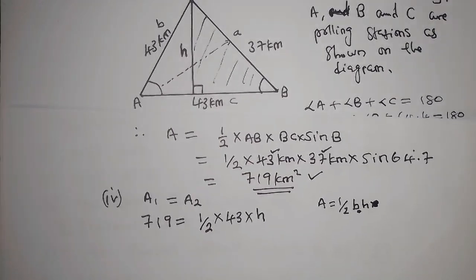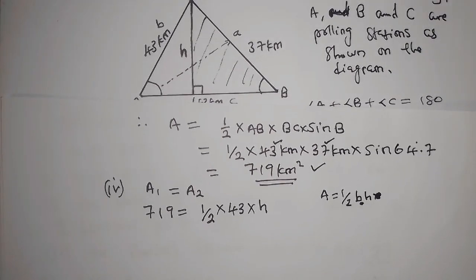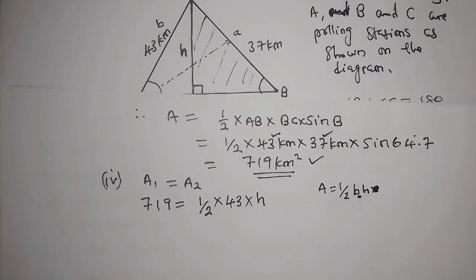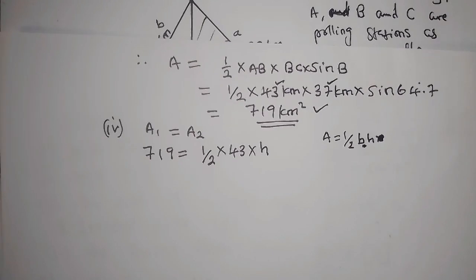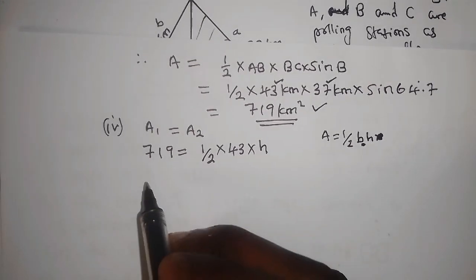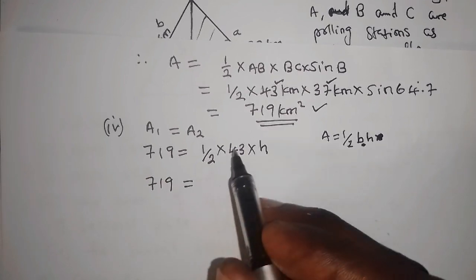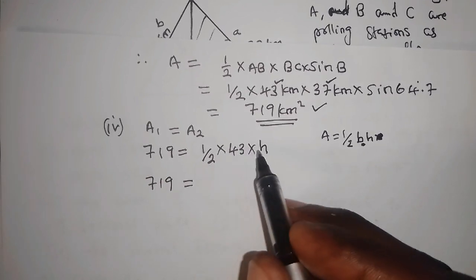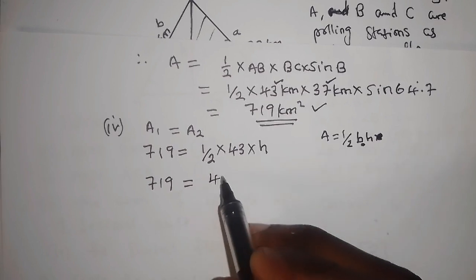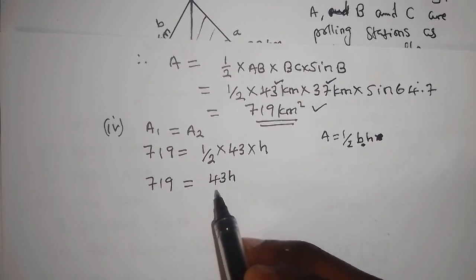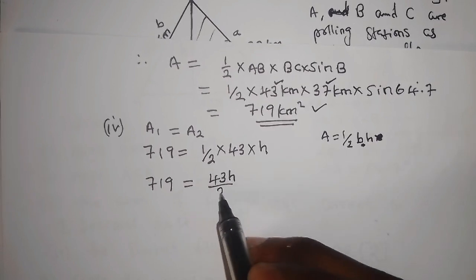The height is what you're looking for as the shortest distance. So 719 equals 1 times 43 times h, then divide by 2.